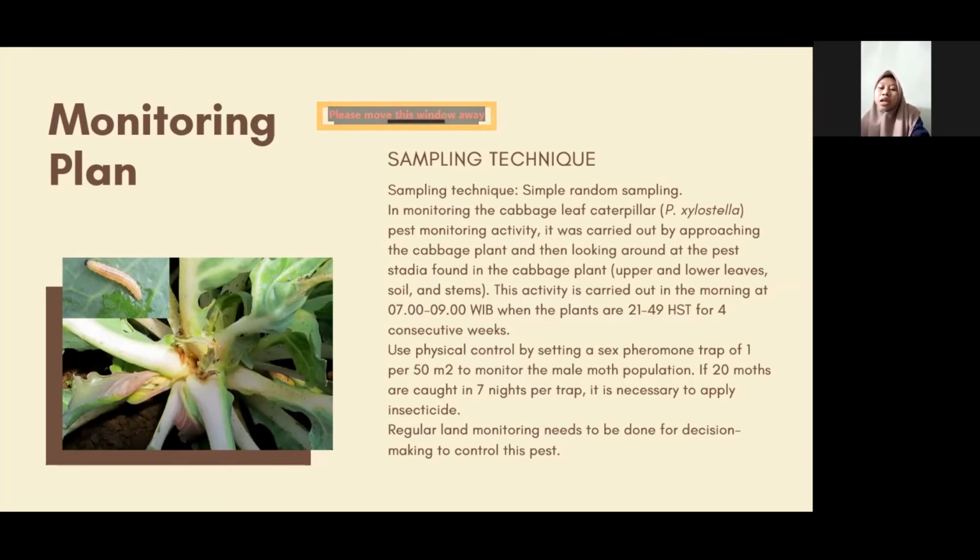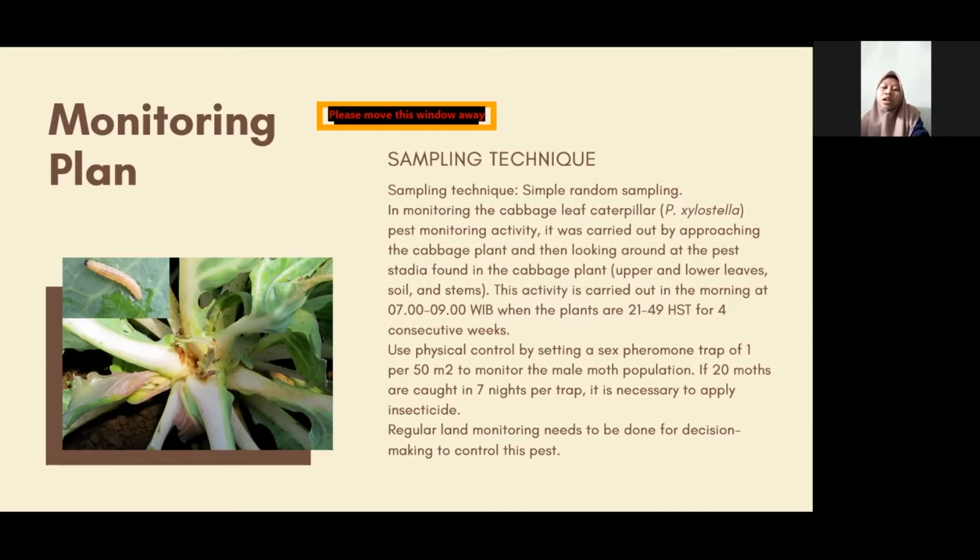This activity is carried out in the morning at 7 until 9 AM when the plants are 21 until 49 days after planting, for consecutive weeks.